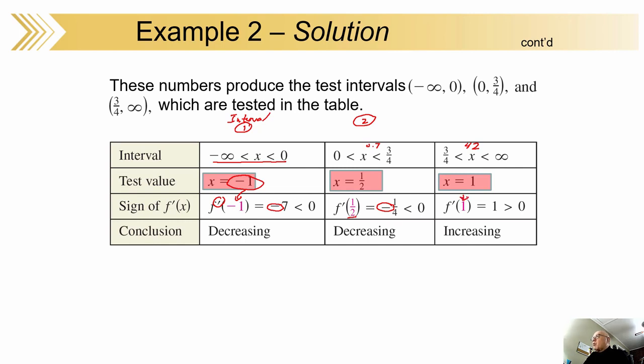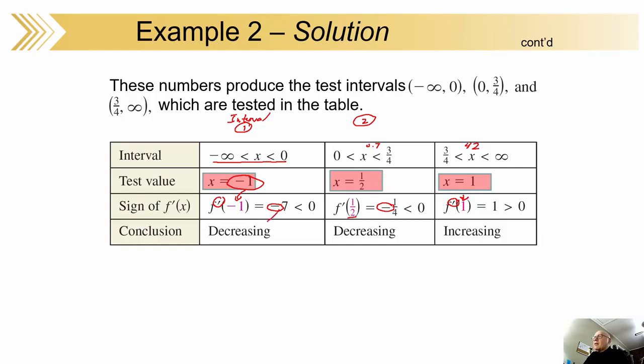This person picked a 1 because it's nice and simple. You can actually do the calculations sometimes very easily by picking a particular test number. Again, put that into the derivative. See what you get, positive or negative. That's all you care about.